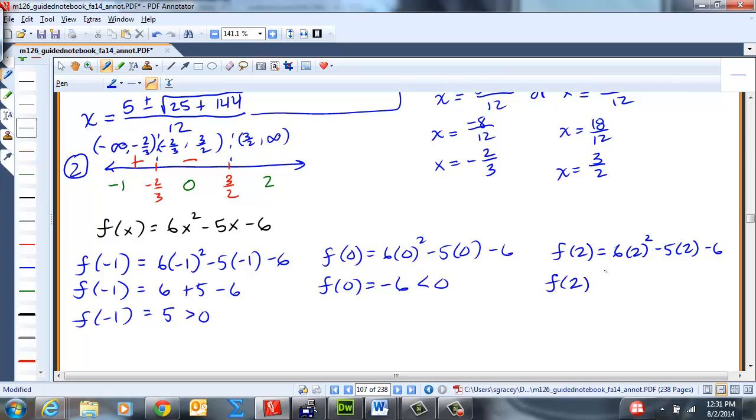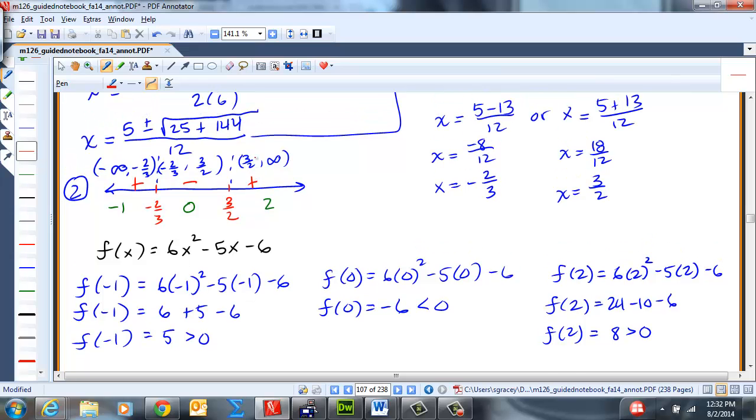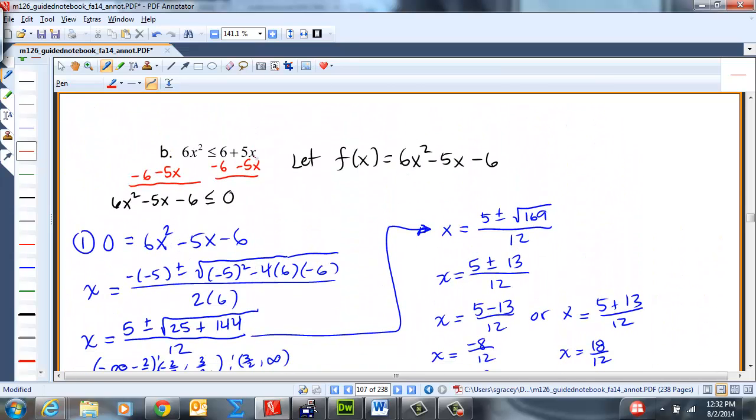So f at 2 is 24 minus 10 minus 6. So f at 2 is 8, which is greater than 0. So we'll put a plus sign there. Now let's look at what our modified inequality said. So we're looking at this inequality right here.